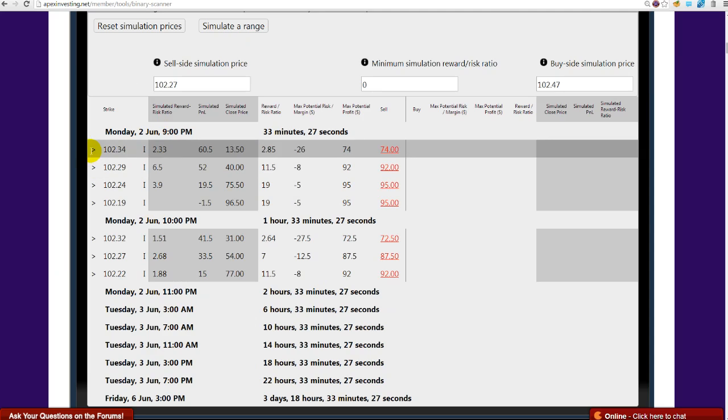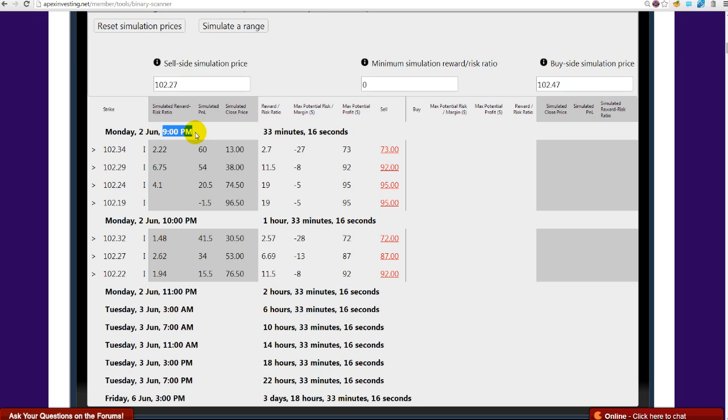Like USM will be greater than 102.34 at 9 o'clock would be an example. All right, so greater than 102.34, if I don't think it's going to be greater than 102.34, if I think it's going to be equal to or less than 102.34, I would sell.